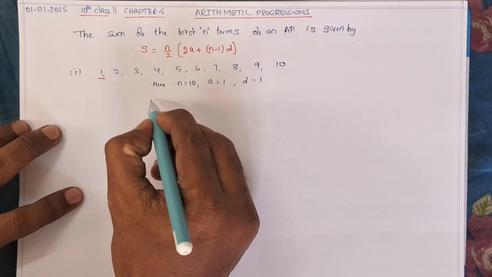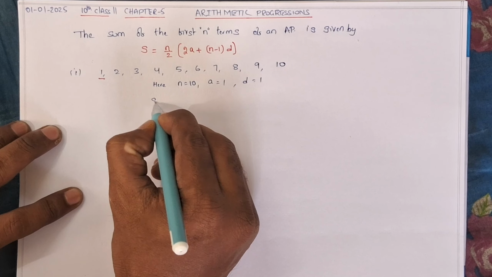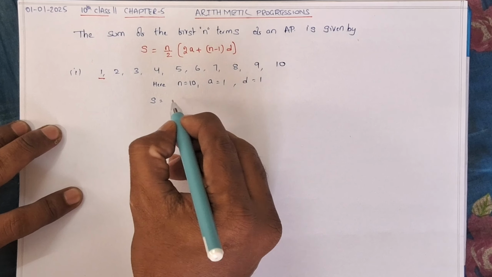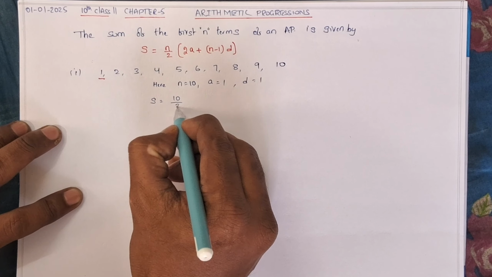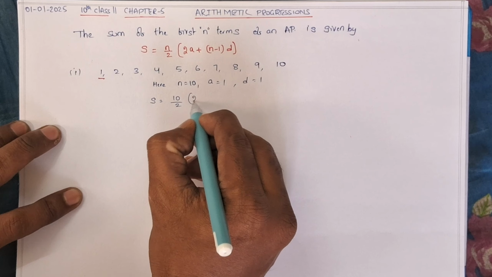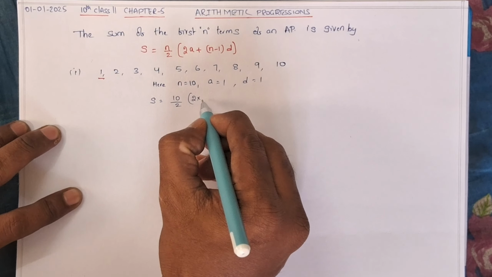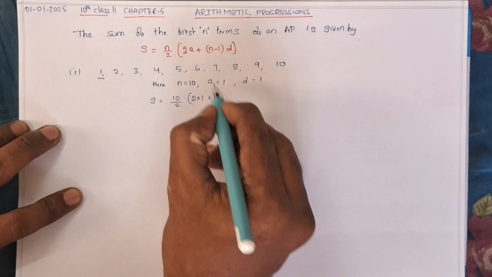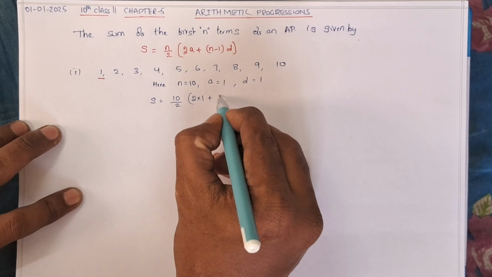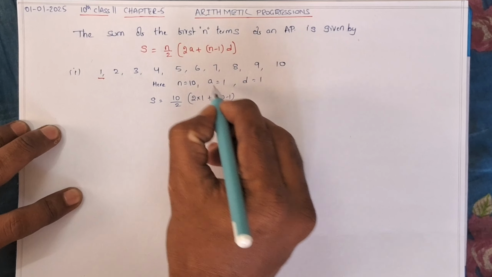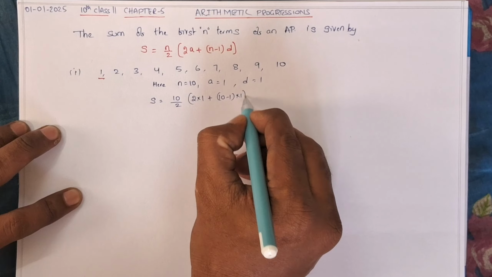So here the sum of the first 10 terms is equal to, here n is 10, 10 by 2, 2 into a, the first term is 1, plus n is 10 here, 10 minus 1 into the difference 1.